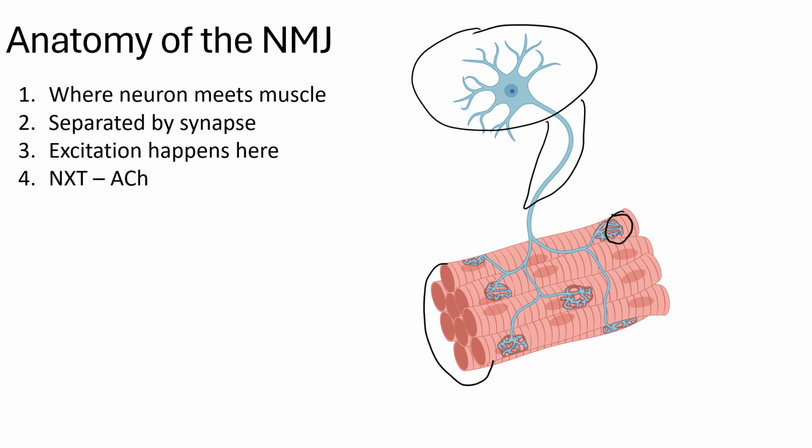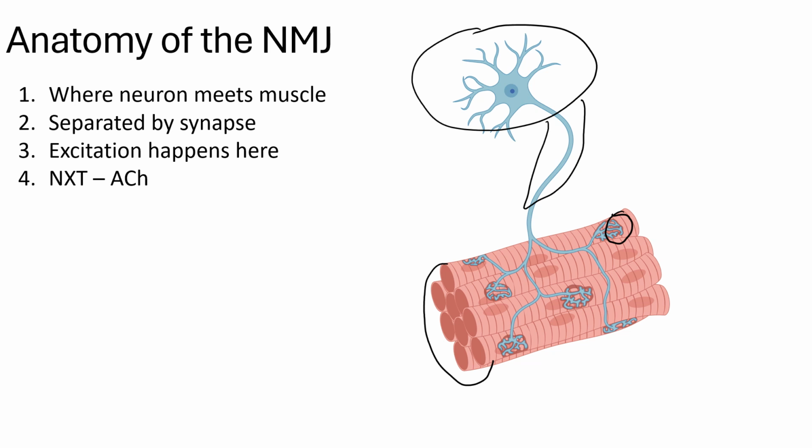The muscle and the neuron here, they don't touch. They are separated by a very small space that's called a synapse. And in order for the muscle to contract, there's a certain sequence of events that have to take place here at the neuromuscular junction and excite the muscle.